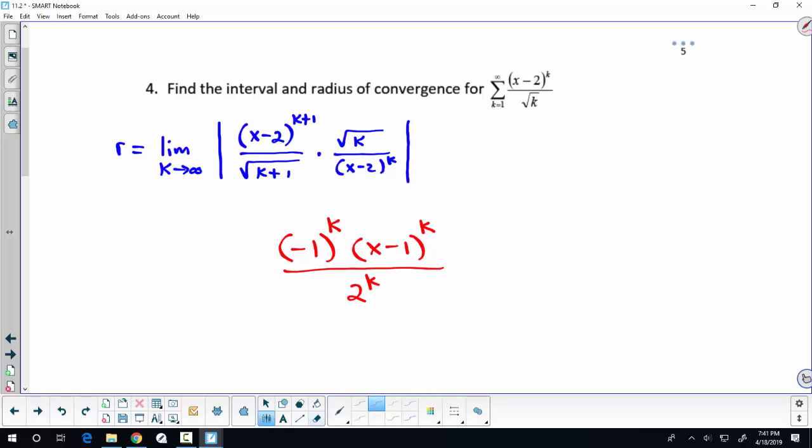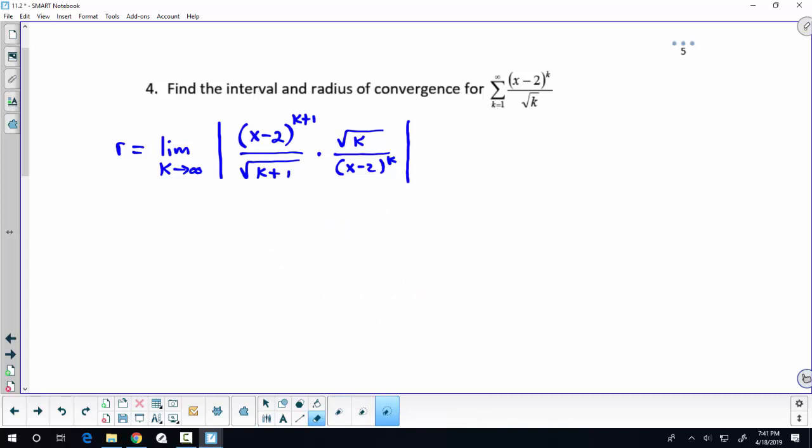Here, if you apply the root test, as I mentioned to some of you as well, there's nothing wrong with the root test. It's just that with the root test, you end up with the absolute value of x minus 2 times the limit as k approaches infinity of 1 over the kth root of k to the 1/2.